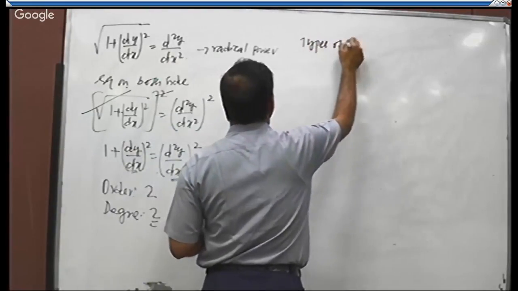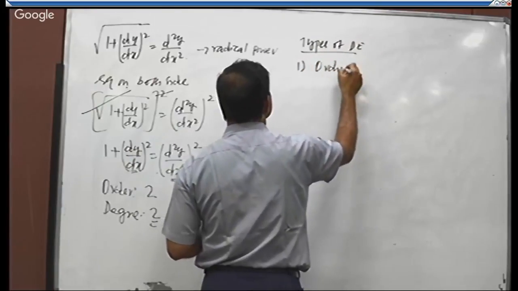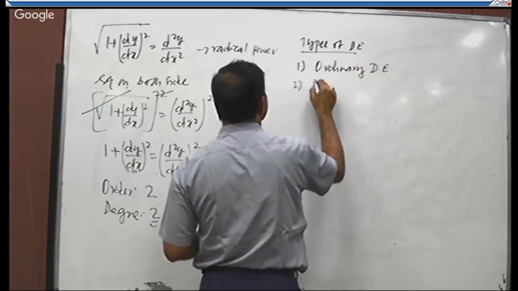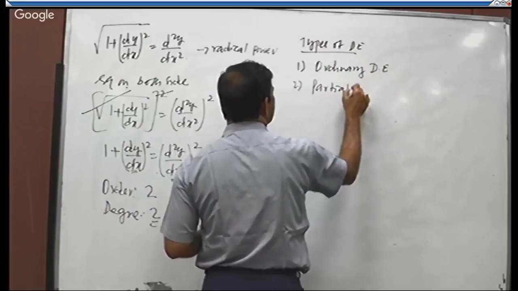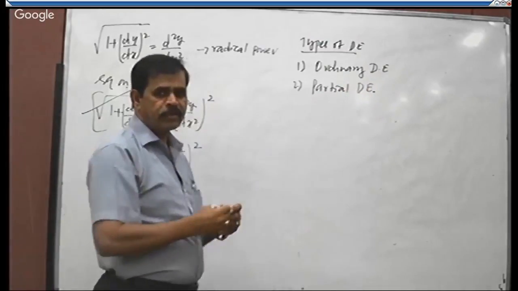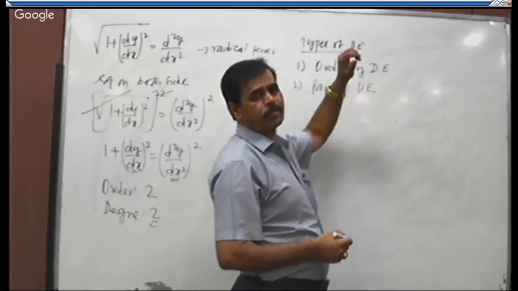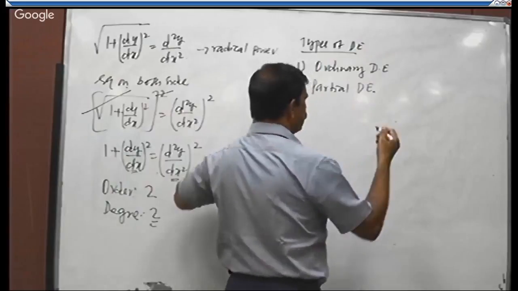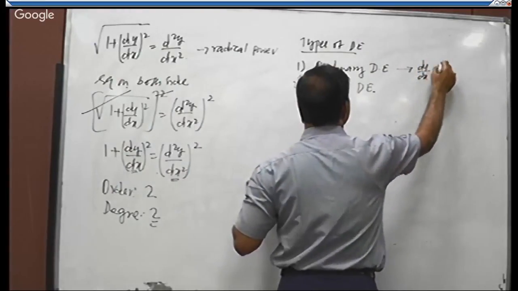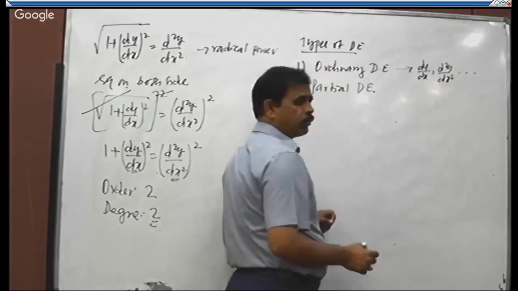Other one is partial differential equation. Ordinary differential equation means the equation is obtained with only one variable. So it is always with respect to x, dy by dx, d square y by dx square. It will be like that only.